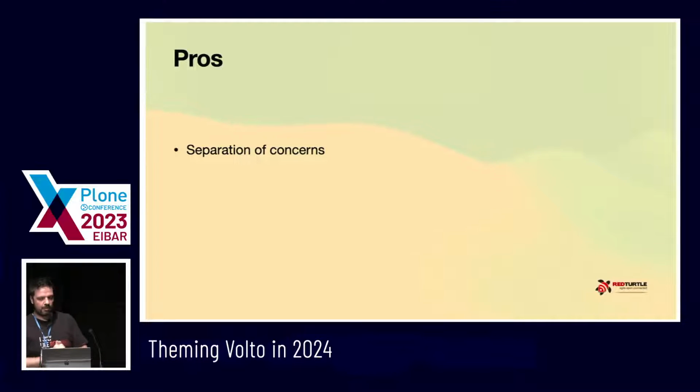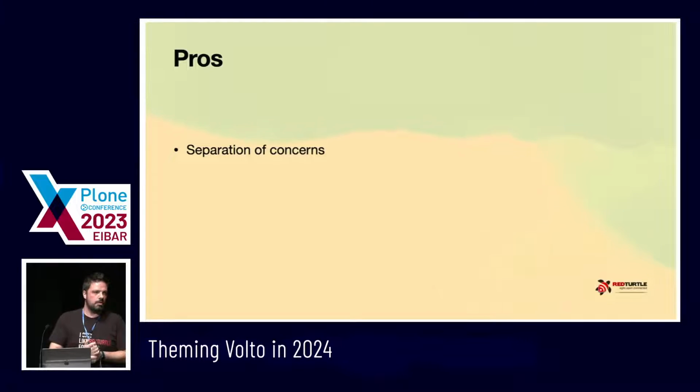So, why am I suggesting this? Why do I think this is the way to go? It's easy, of course, to set up, as I said, and what are the pros for this? So separation of concerns is one of my favorite pros of this kind of approach.